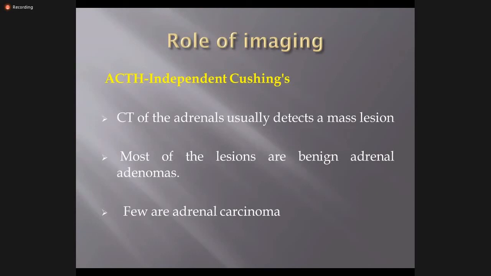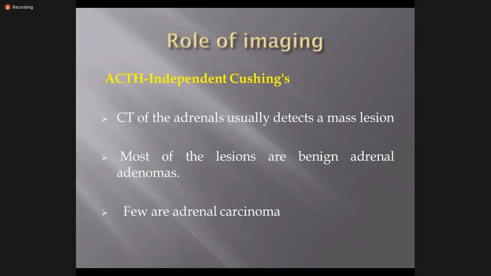In ACTH independent Cushing's syndrome, that is adrenal, CT of the adrenals usually detects a mass lesion. Most of the lesions are benign adrenal adenomas. Few are adrenal carcinoma, so carcinoma is very rare.